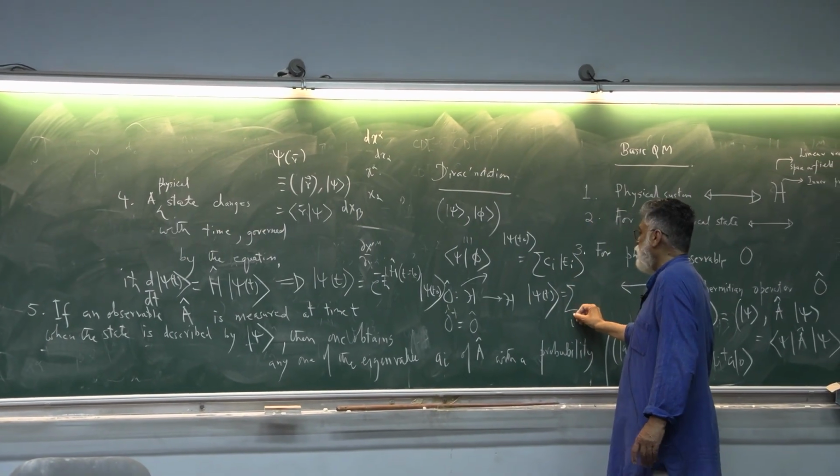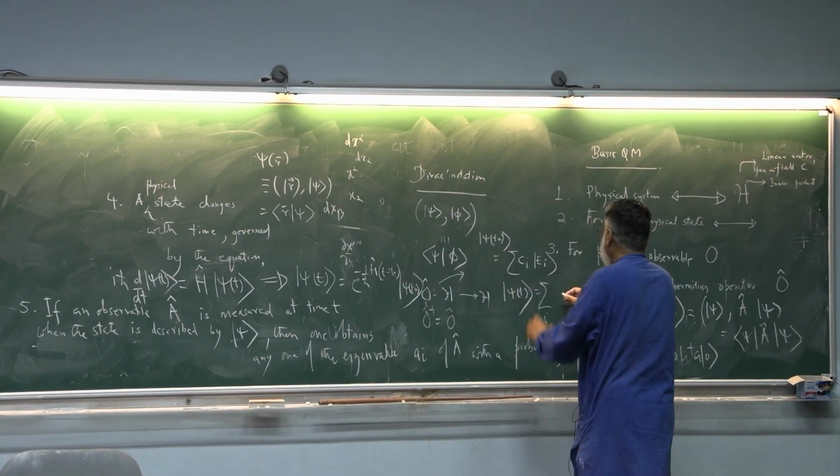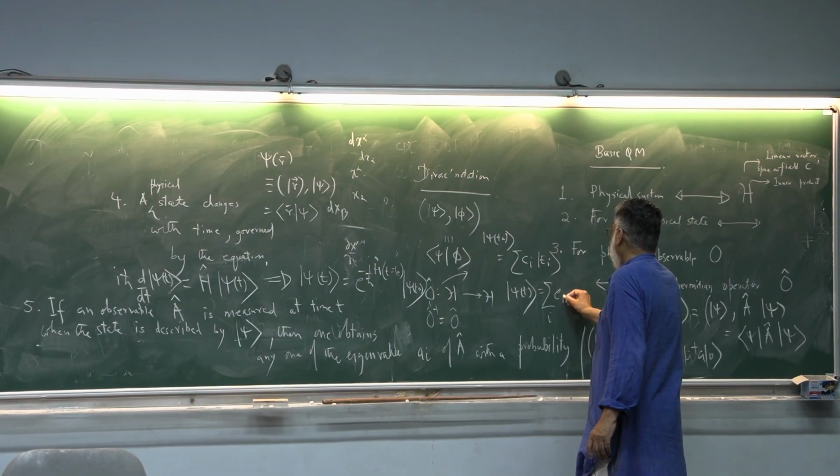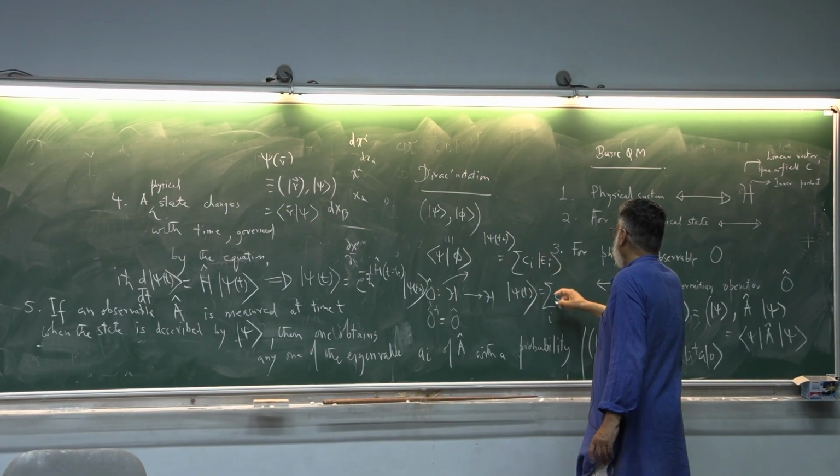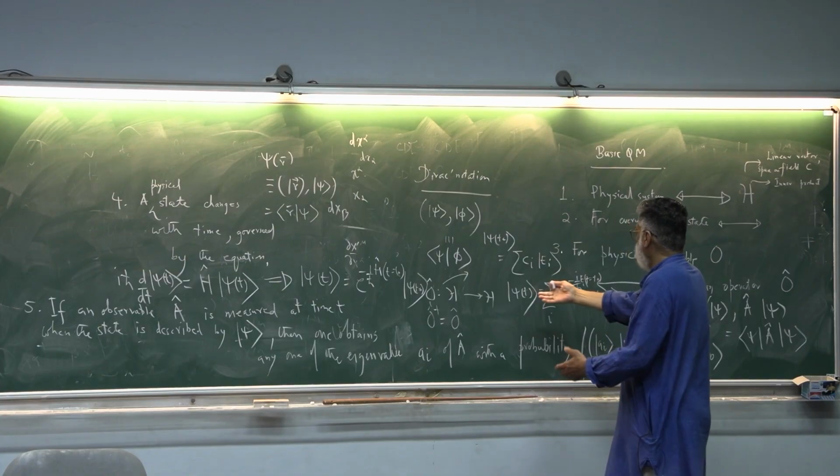This will be just by applying this operator on this state. This becomes Ci, which is anyway well known from the earlier case, e to the minus i over h bar E of t minus t naught, ket Ei. So the entire dynamical evolution is known.